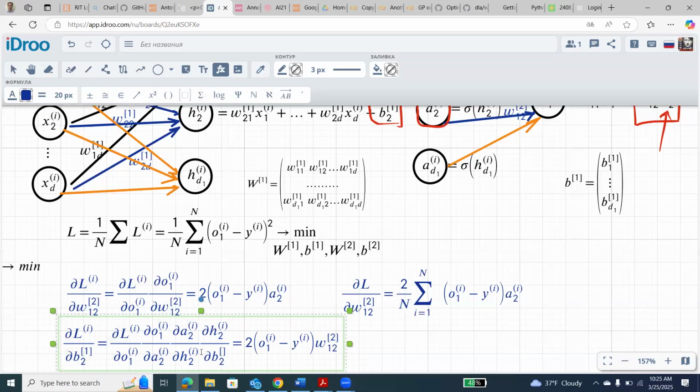So then, what is the derivative of A? This is the derivative of the sigmoid function. We didn't talk about this, but one more reason why the sigmoid function is popular is that its derivative equals the sigmoid function multiplied by 1 minus the sigmoid function. Let's prove this.